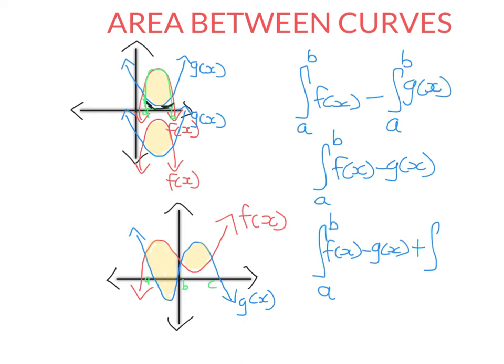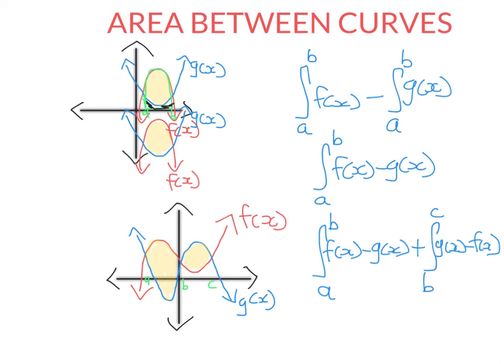This second area goes from x equals b to x equals c, but this time in this area, g, the blue function, is on top, so it goes first, and the function on the bottom is the one that I subtract. So again, we don't care if one or both functions falls below the x-axis. All we need to make sure is that the greater function, the function on top, is listed first.